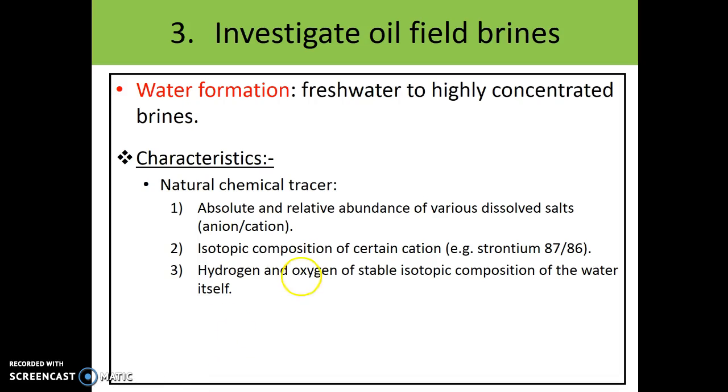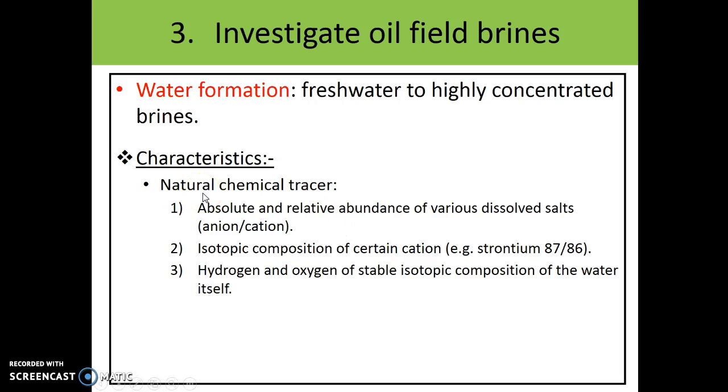Right, the third scope of work as a petroleum geochemist in the development team is to investigate oil field brines. Oil field brines here refers to formation water whose origin ranges from fresh water to highly concentrated brines.